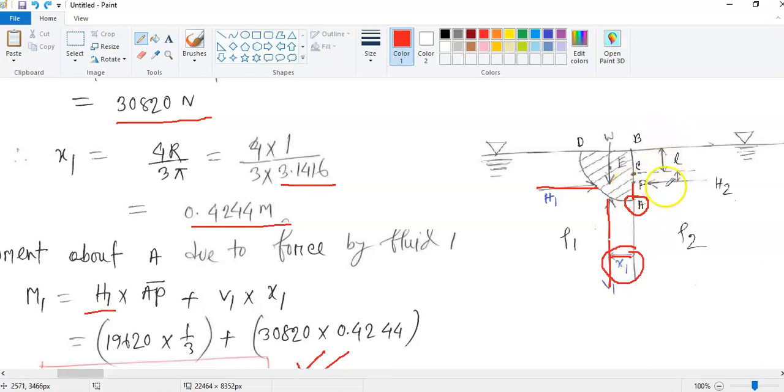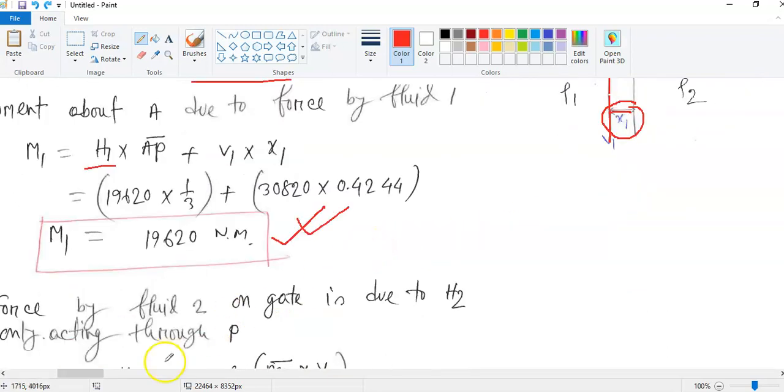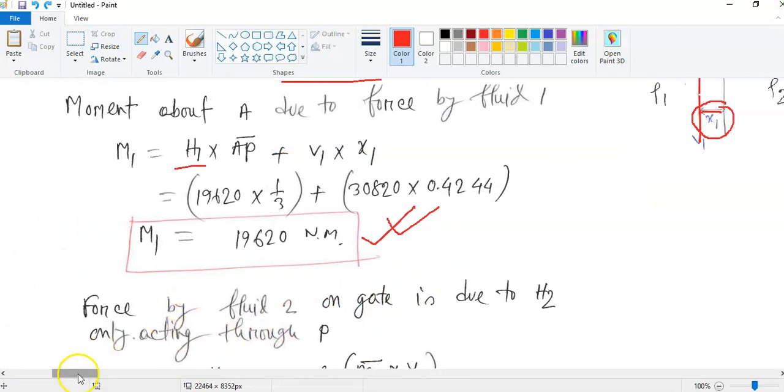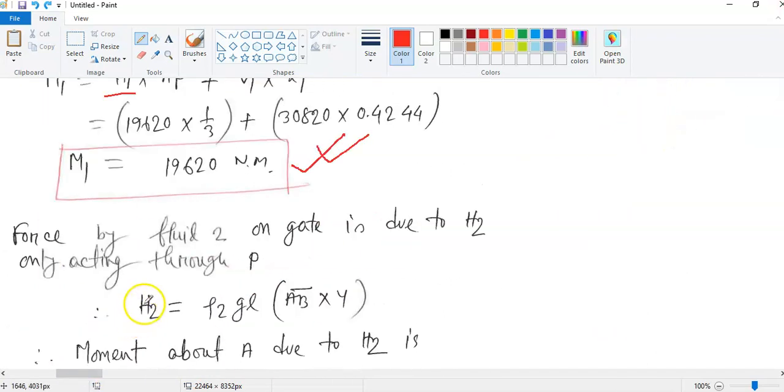But here you can see we have no water surface, so we will not get any vertical force in this case. So let's calculate the horizontal force for fluid 2. The force by fluid 2 on the gate due to H2 is the horizontal force acting through the center of pressure.